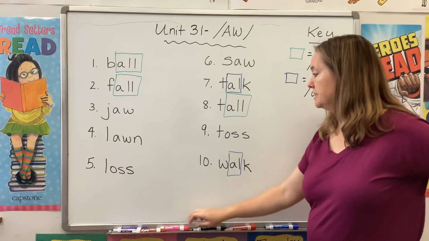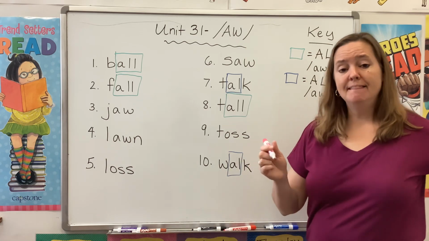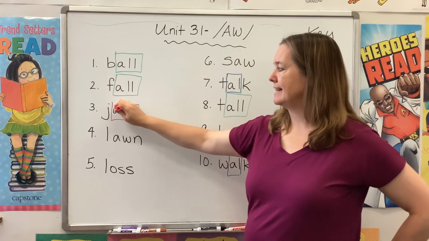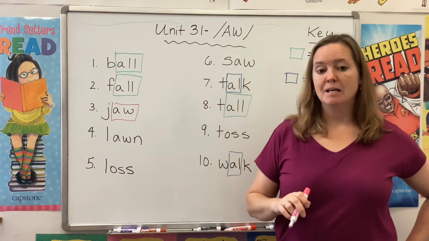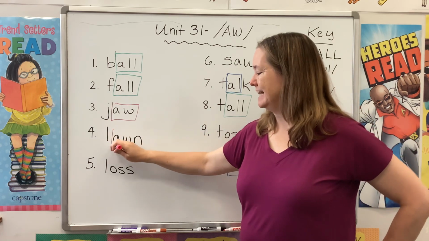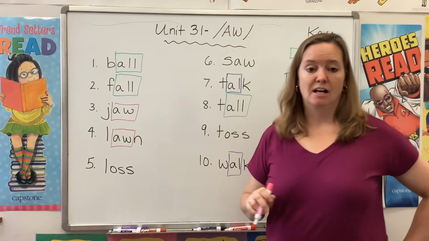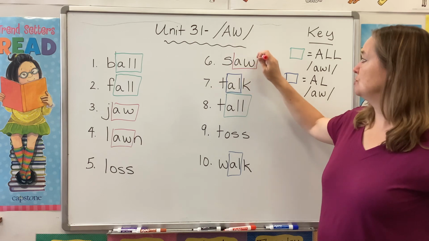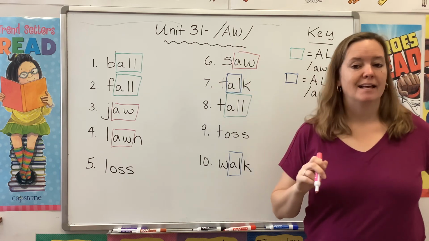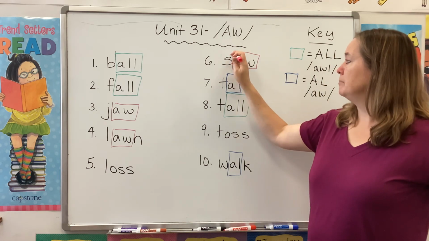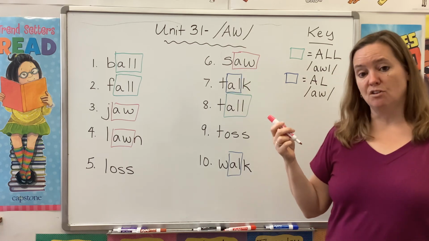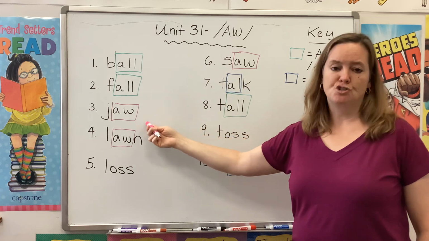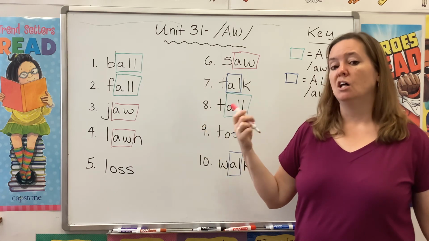Okay, let's choose another color, and this time we're going to look for the A-W. There it is at the end of jaw. Sometimes we see it in the middle of a word, like lawn. We see it at the end of saw, and that's it, okay? So keep in mind, A-W says aw. Sometimes it's at the end of a word, saw, jaw, claw, draw.